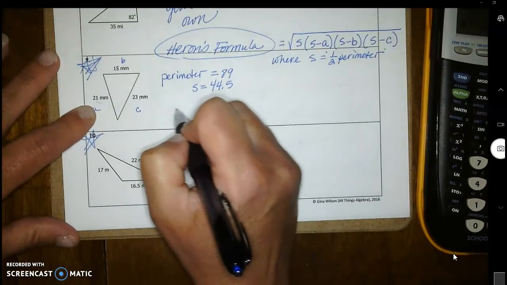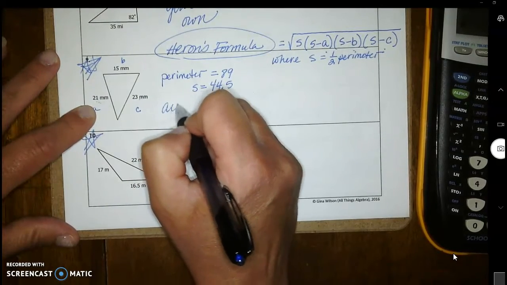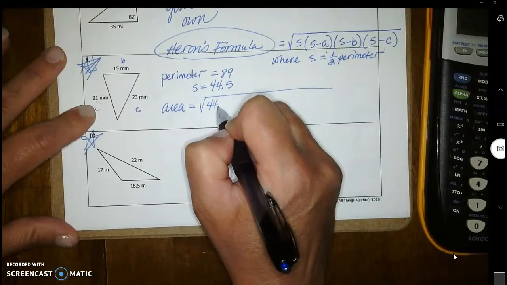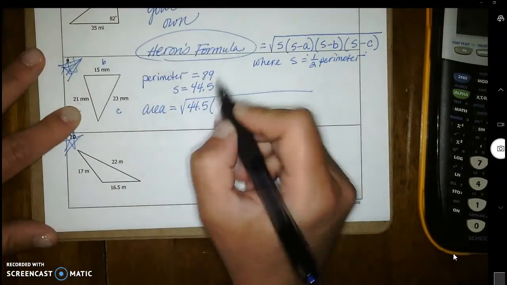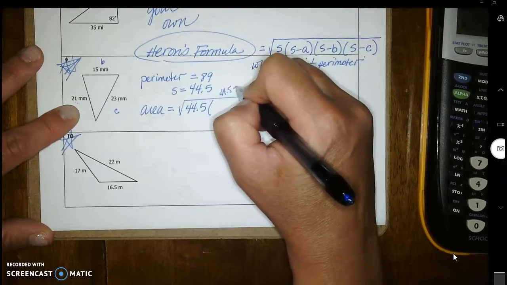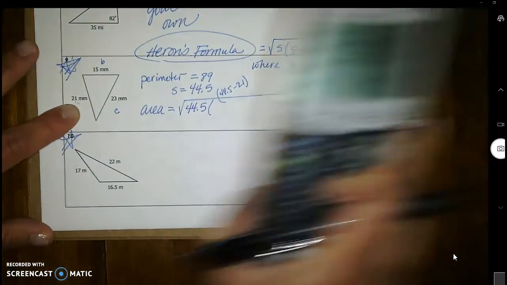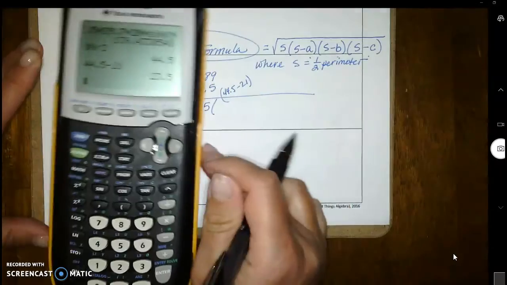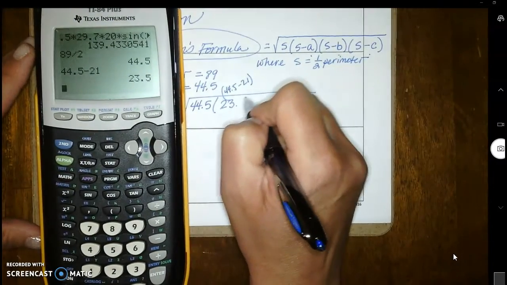Okay, so Heron's formula says that the area is going to equal the square root of 44.5 times (44.5 minus 21), which is 23.5.